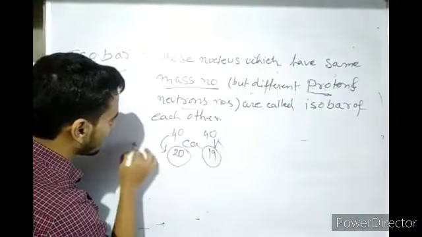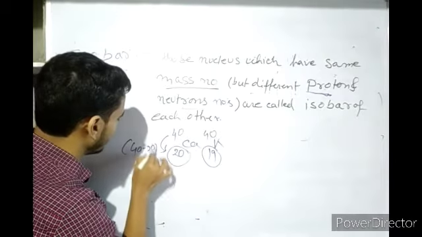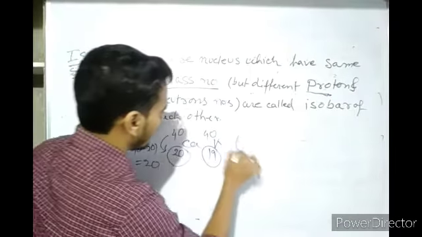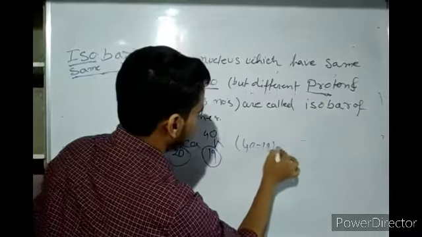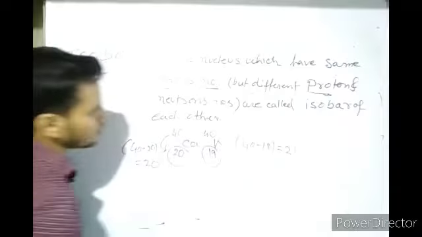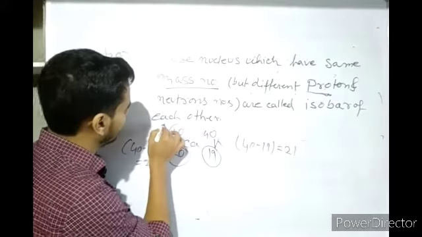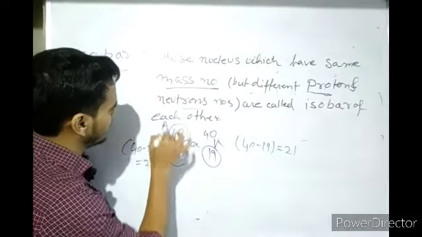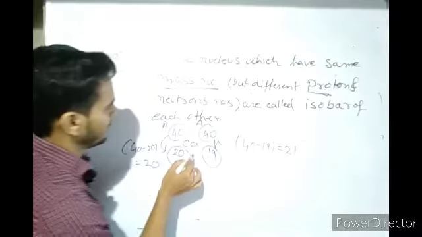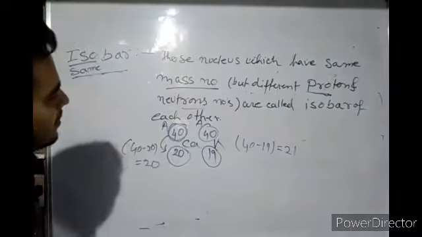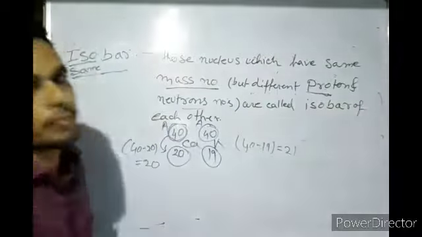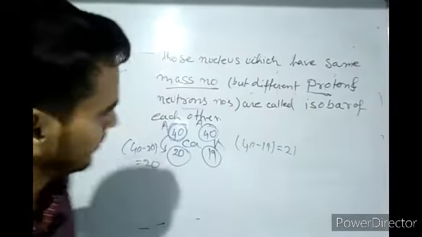The neutron number is 40 minus 20 equals 20 here, and 40 minus 19 equals 21 here, so the neutron number is also different. But the mass number, denoted by A, is the same. Same mass number is called isobar of each other.